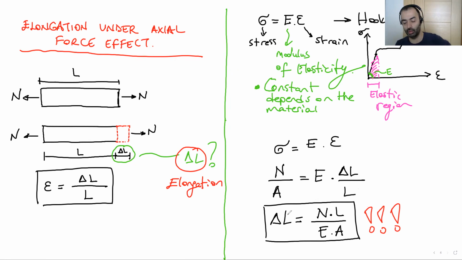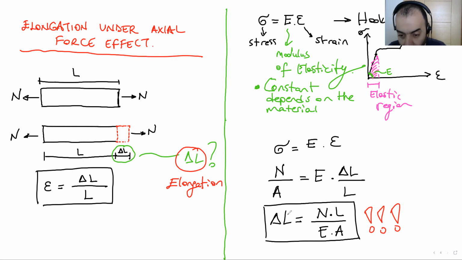As you know, it's the modulus of elasticity. So if we rearrange the equation, we get delta L equals NL over EA. This is the second equation that you have to know today in this subject.